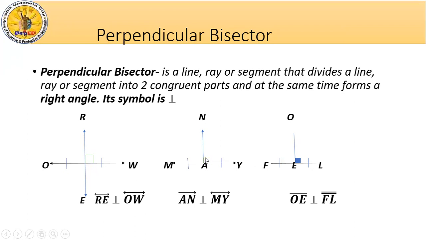Ray AN is perpendicular to line MY, thus forming a right angle, angle A. Next, line segment OE is perpendicular to line segment FL, so thus forming a right angle at angle E. Line segment FE is congruent to line segment EL.